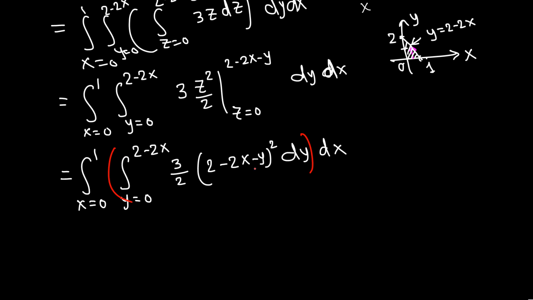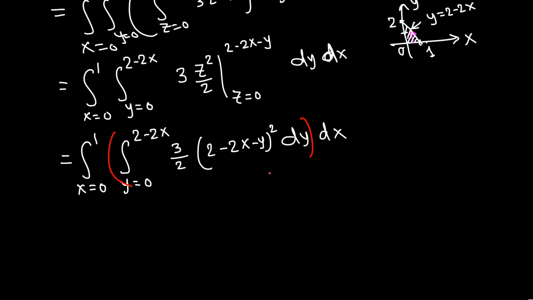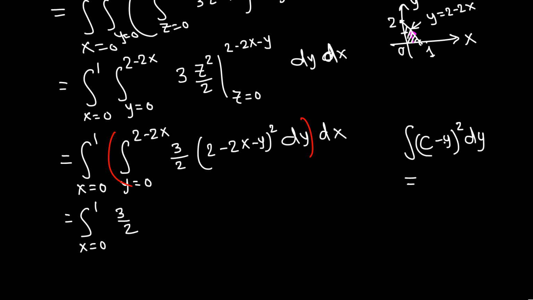Now we want to integrate this function with respect to y. So that is x from 0 to 1. Let's integrate. This 3 halves constant is just there, so this is squared, and we are integrating with respect to y. Since 2 minus 2x behaves like some constant, it's some constant minus y, squared, and when we integrate with respect to y, it's like u squared.